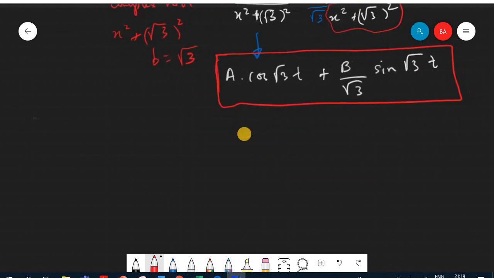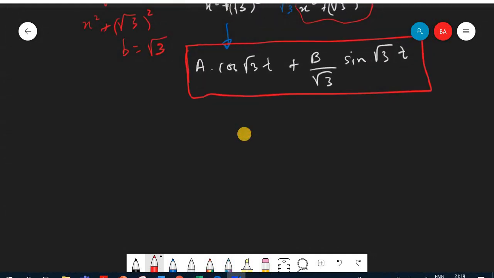That was not a big deal for me, but the bigger deal is how to find the answer y of t, equal to a cosine of the square root of 3t plus b over the square root of 3 into sine of the square root of 3t.